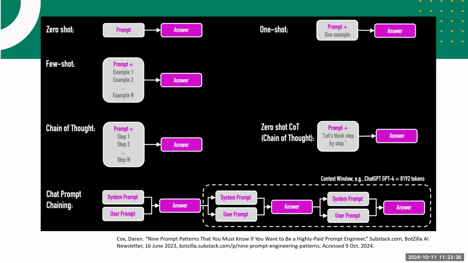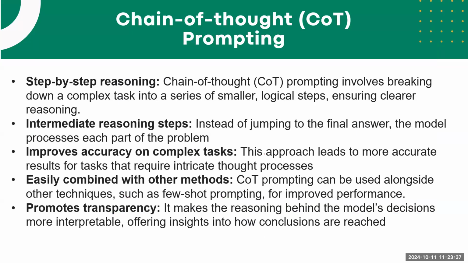But remember, with chain of thought, step-by-step reasoning, you don't want a zero-shot prompt, where it will just take you straight to the answer. You want to be able to see the steps.